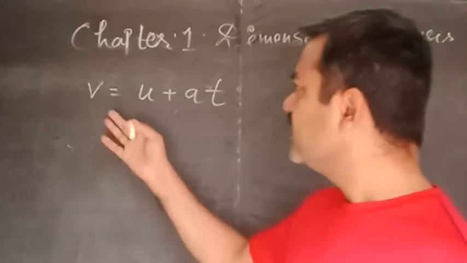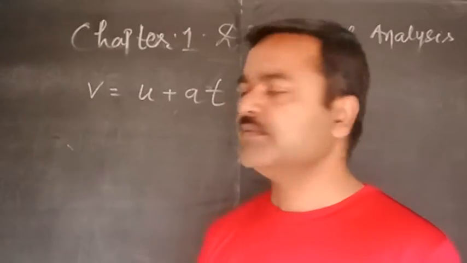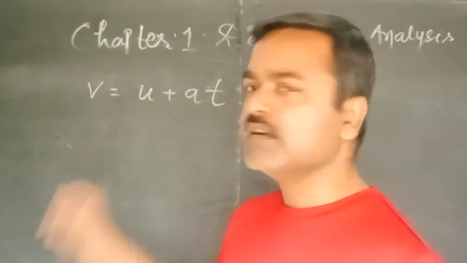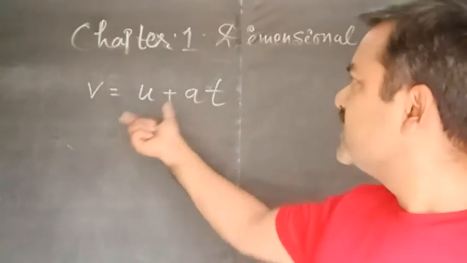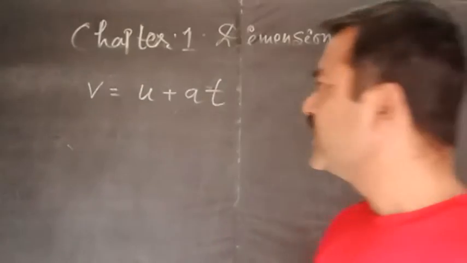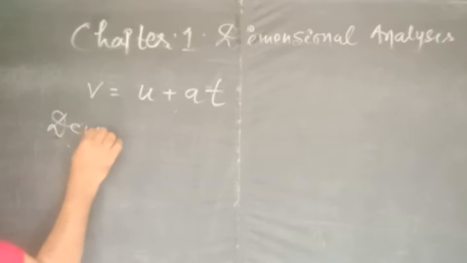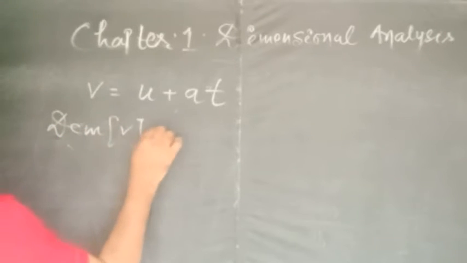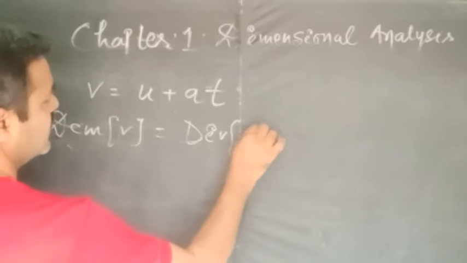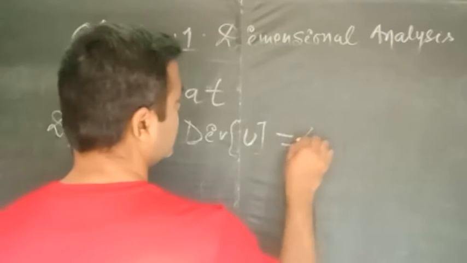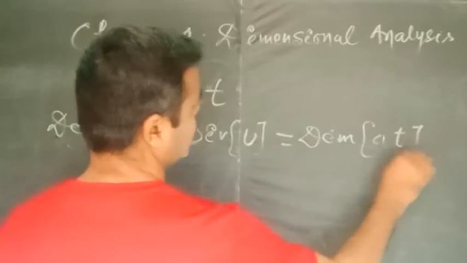If any equation or formula is only in the form of addition or subtraction, then the dimensional formula of each term is always equal. Meaning the dimensional formula of v is equal to the dimensional formula of u, which is equal to the dimensional formula of a into t.